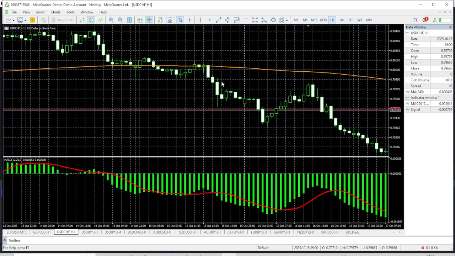If the EMA is sloping downwards, it's a bonus, but it also doesn't have to. So the most important rule for the price is for 4 candlesticks to form below EMA 240.